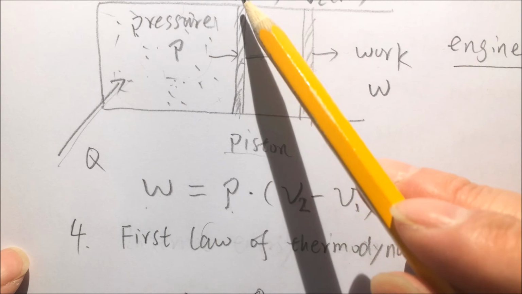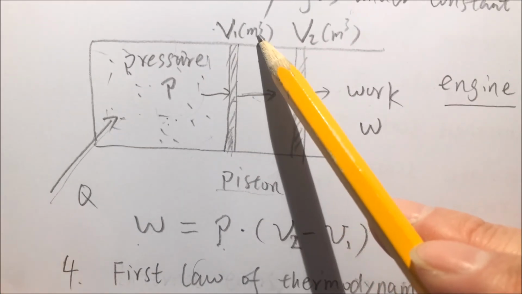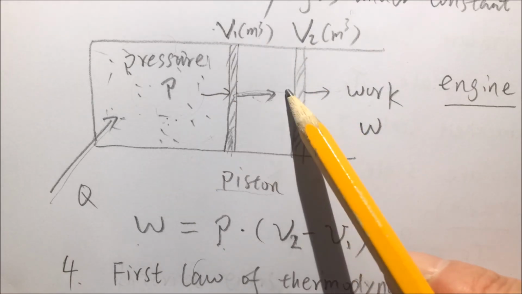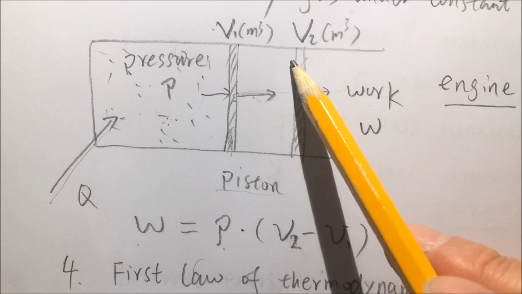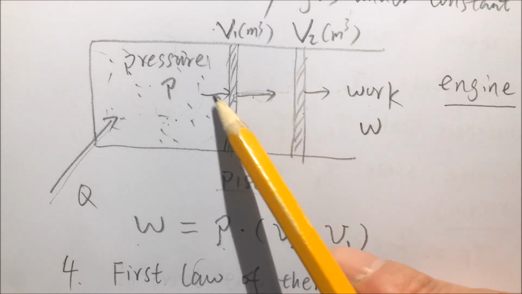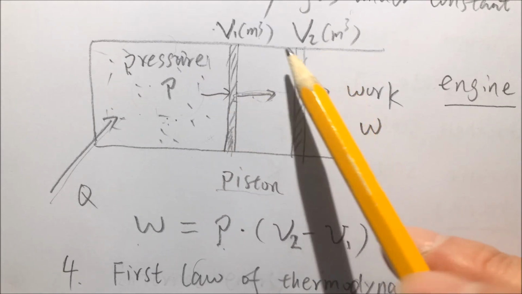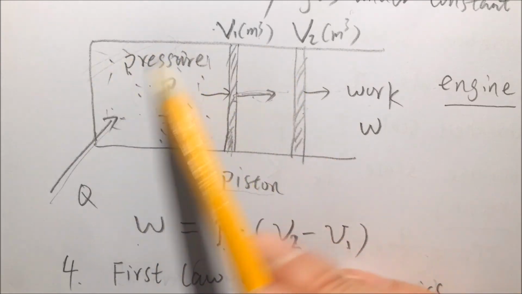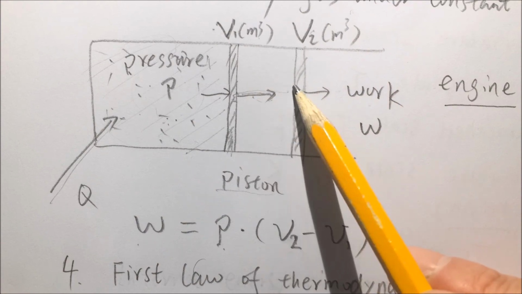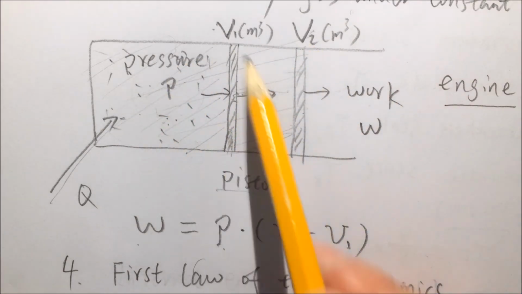So the initial volume of the gas I marked as V1, that's cubic meter. And then after expansion, the piston was pushed out and given the second volume, which is after doing the work, that's V2. So V1 refers to the volume of that much. V2 refers to the volume after expansion, that's the whole part, including that part.